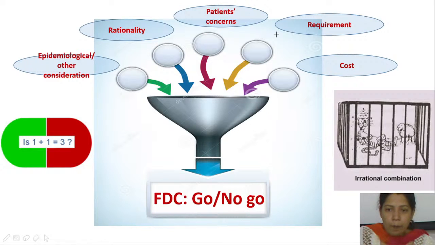These co-packaged formulations come as a box, categorized on weight basis for children, and for adults a complete box is there based on the category of the tuberculosis infection, and the worker just picks up the box and gives it to the patient. Cost is the last consideration while deciding whether to develop an FDC, the go-no-go decision. Cost should be the last consideration, although it still remains important.